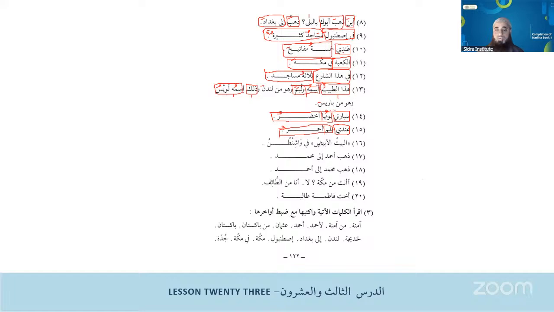البيت الأبيض, the White House, في واشنطن. Okay, it's supposed to be فتحة بلا تنوين. So the White House is in Washington. So في Washington. So that's our غير منصرف word, Washington. Why is that غير منصرف?